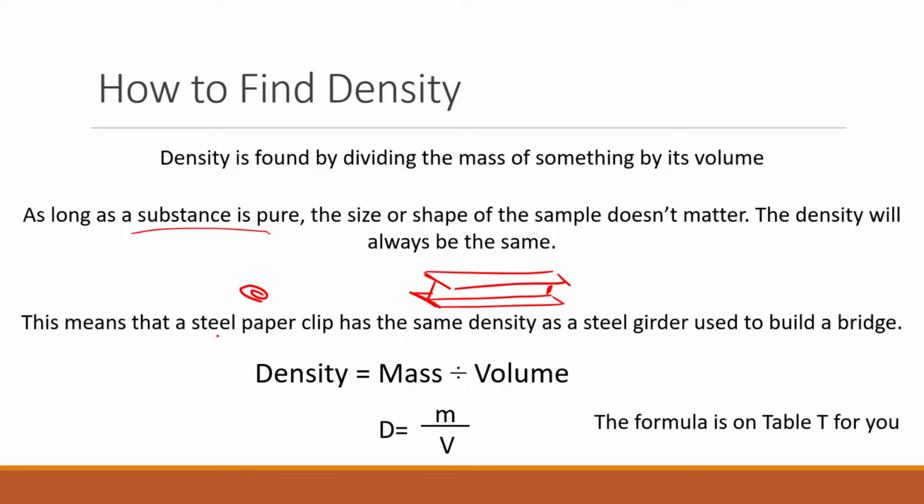If they are both made of pure steel, then it doesn't matter. Right? A necklace made of pure gold and a solid gold bar from Fort Knox have the same density because they're both pure gold. Right? So finding the density of something unknown and then matching it up with a list of substances that you know the density of is a way of identifying your mystery object.